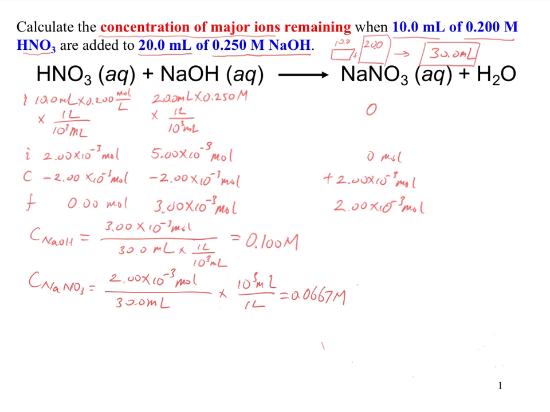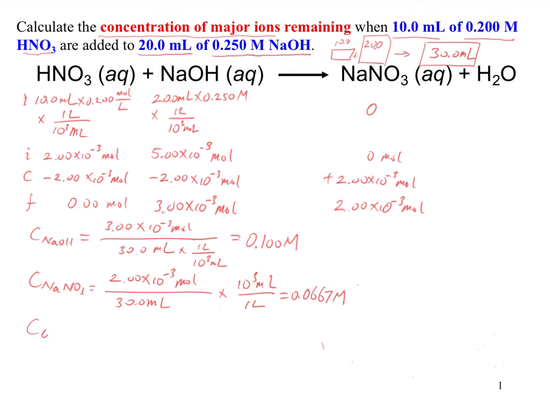Okay, now the last step, how can we figure out the concentration of the major ions? Here we can see that we have sodium plus and OH- from sodium hydroxide. We have sodium plus and nitrate minus from sodium nitrate. So the easier ones first.